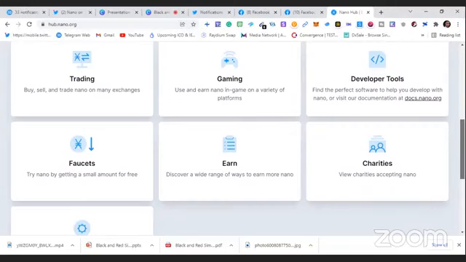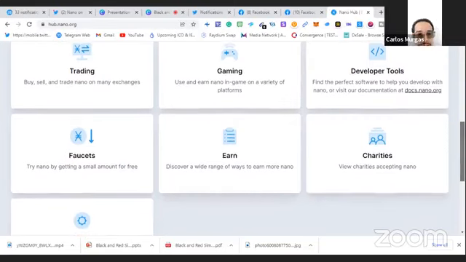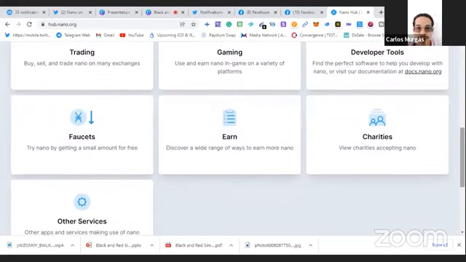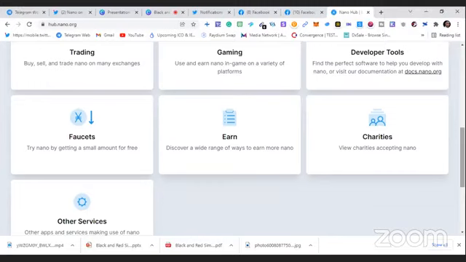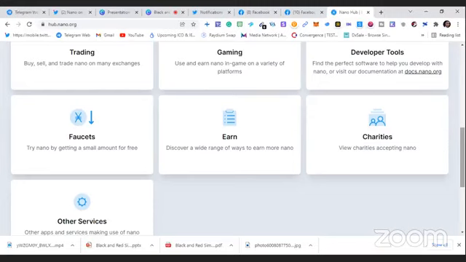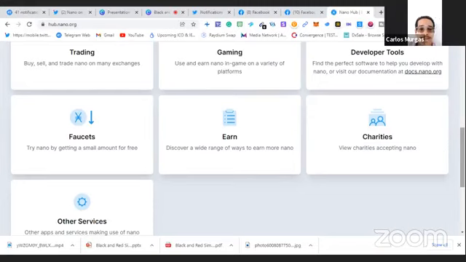Also, we can find the faucets category, where a faucet is a website or a service where users can earn a little piece of Nano by doing simple tasks like solving a captcha, sending a message, or just entering the website.